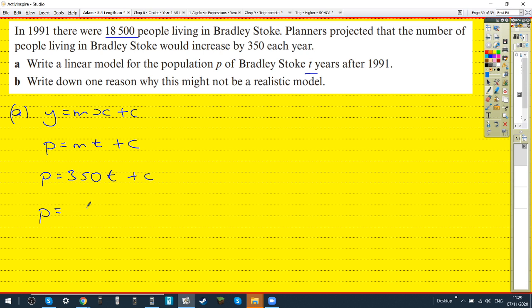Yep. Wait, so would it be P equals 350T plus 18,500? Yep. And that's the equation of the model for this one.